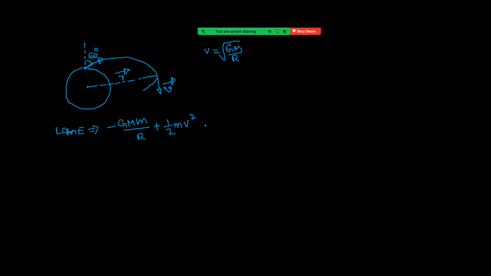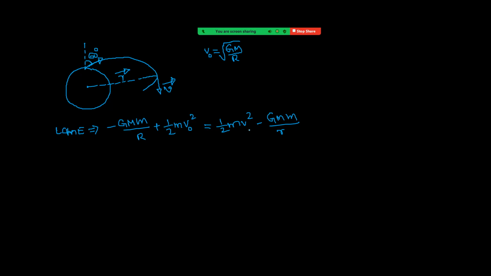This is the initial energy, at the time of projection. Next, when it is at maximum height, kinetic energy is half m v square, and potential is minus G Me m by r maximum, where r is what we have to calculate, right?